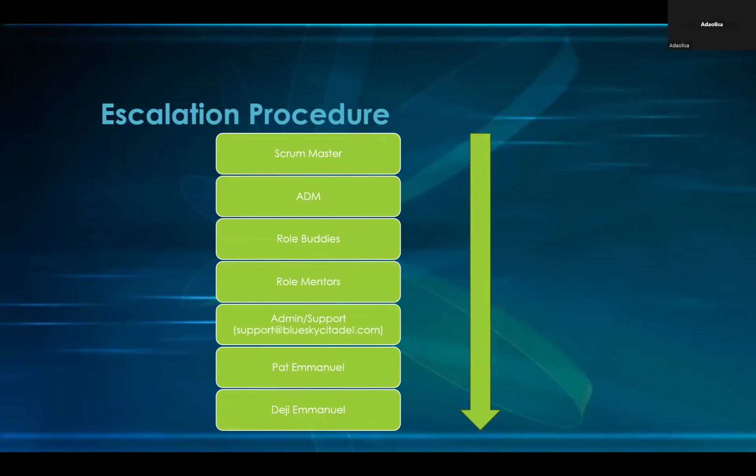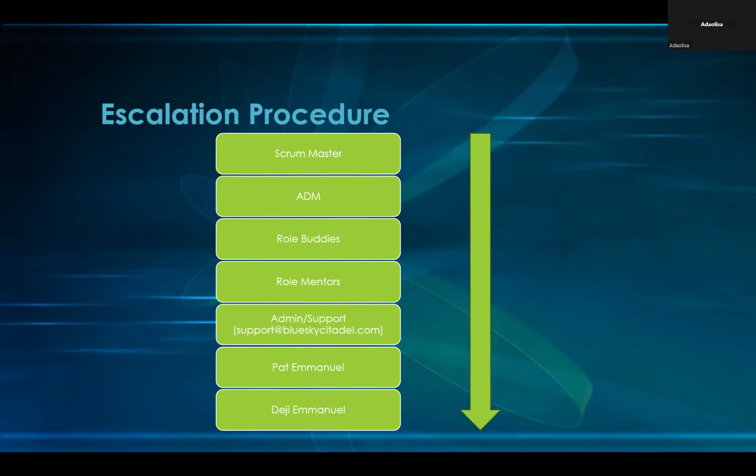The ADM goes to the ADM body. So the body would signpost the ADM on the next steps, or the body would take responsibility to help get that resolved. If the ADM role body is not able to resolve the issue, they will take it to the ADM mentor.